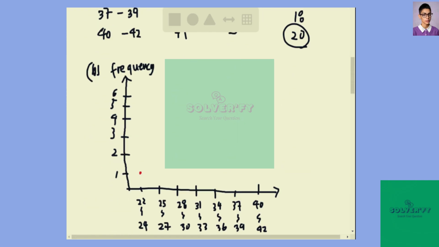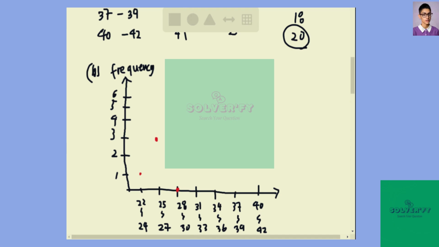The next one is 3, and it's going to be 0. Next are 6, 5, 3, and 2. Make sure you connect all these points. Now we have a frequency polygon. So that was the answer for B.